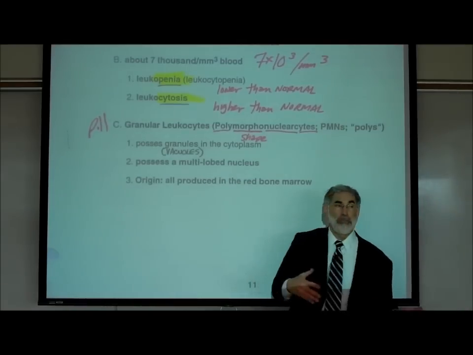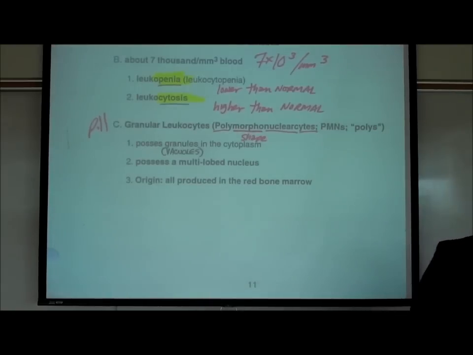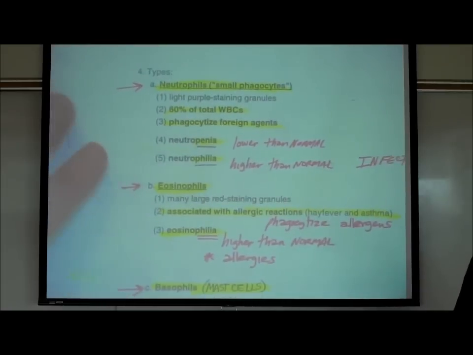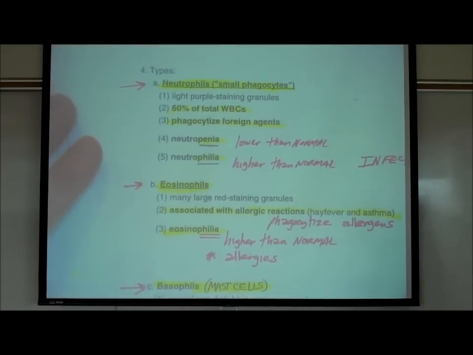All of them are made in our bone marrow, just like where red blood cells and blood platelets are made. On page 13, let's talk about the three types of polys.